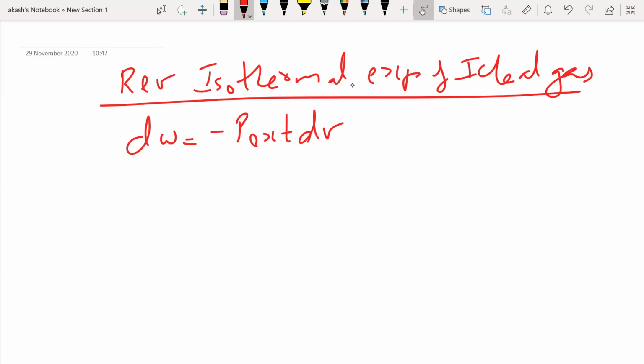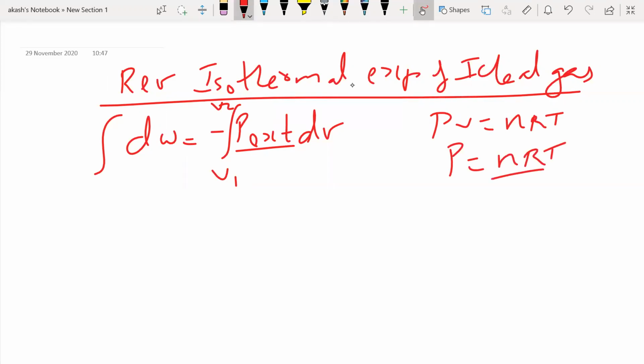Now if I want to find the whole work done, I have to integrate. The limits will be from initial volume V1 to the final volume V2. Now I'm going to use my ideal gas equation, PV equals nRT, so I can write P as nRT by V. If I substitute that here, you get minus integral of nRT by V dV, and the limits remain the same.